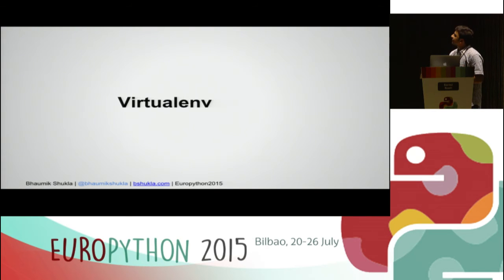Yeah, virtualenv. I love this feature because it provides an isolated Python environment in your system. You can have n number of Python environments in your system, and if you are working on different projects, you always have different dependencies. So virtualenv will help there.